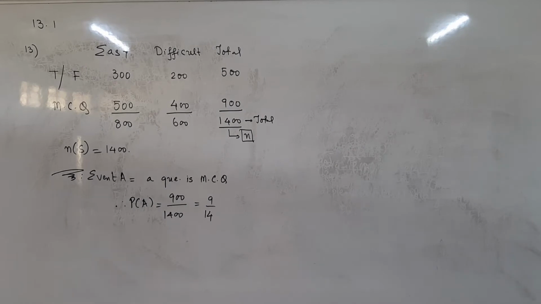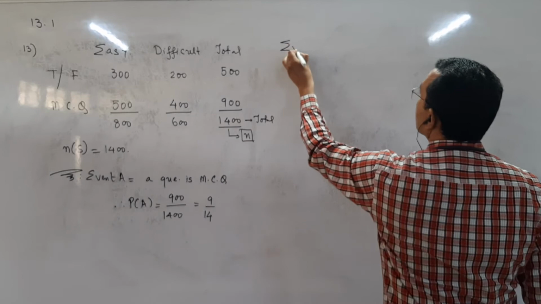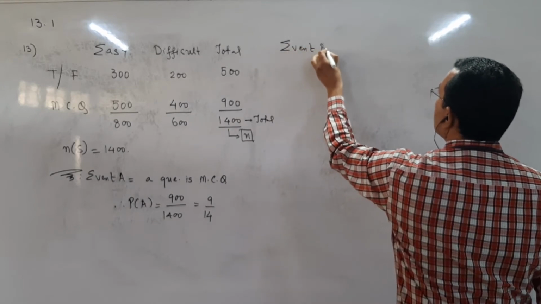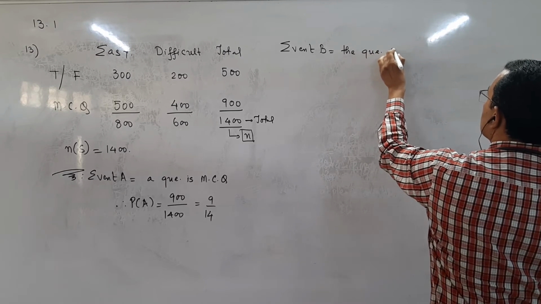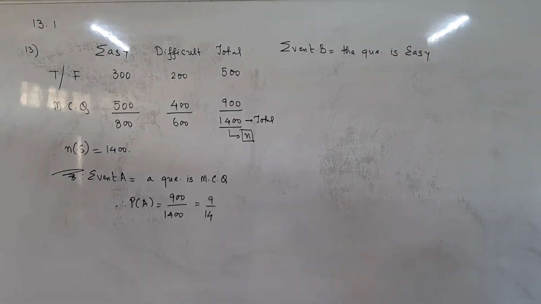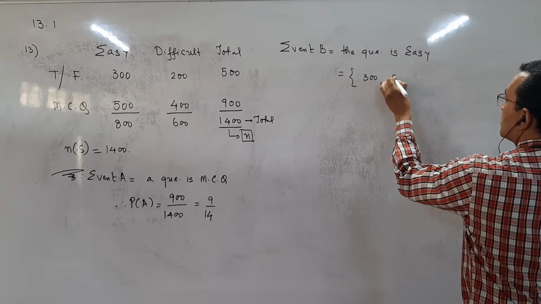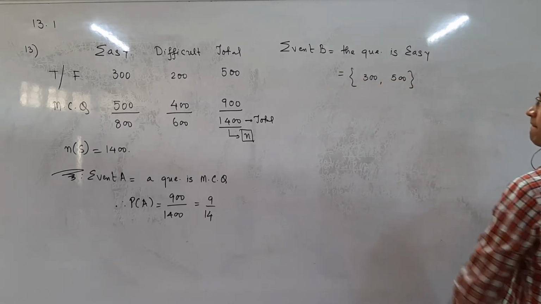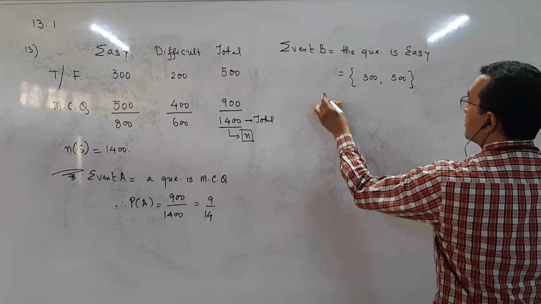It is an easy question. That is event B. Event B: the question is easy. Now, how many easy MCQ type of questions do we have? Easy MCQ type of questions are 500.